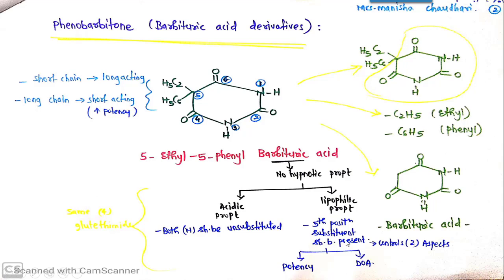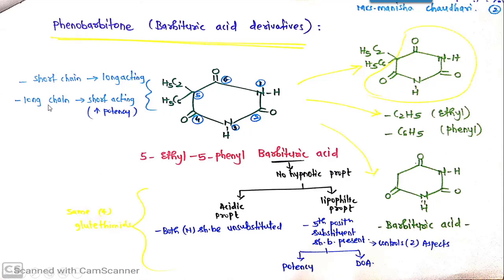Now how is this substituent related to the potency? A longer chain will give you potent compounds, but a shorter chain will not yield such potent compounds, but it is longer acting. So it is duration of action and potency. A shorter chain will have a long duration of action but less potency, and a longer chain will have a short duration of action but high potency.